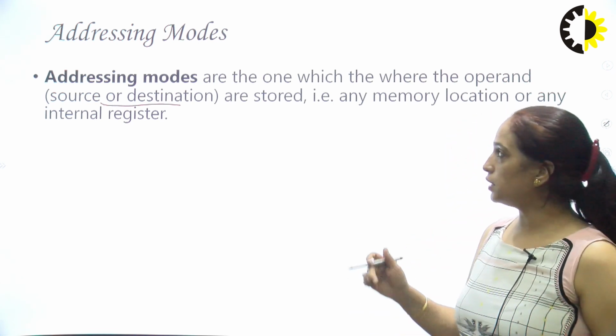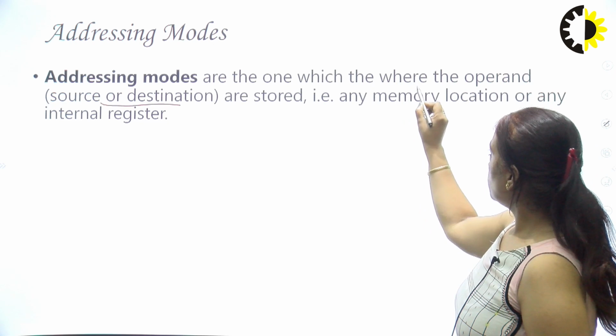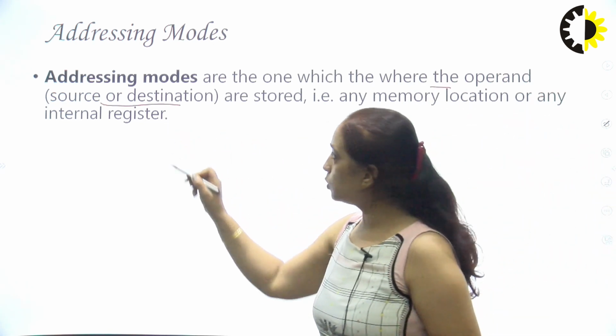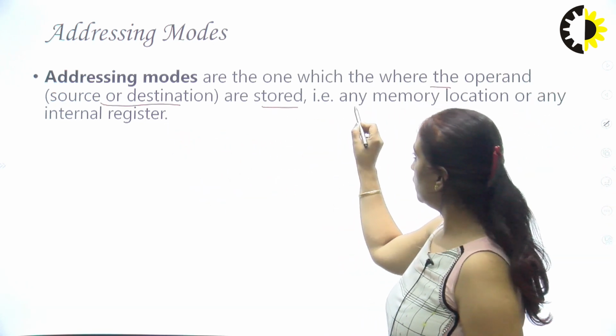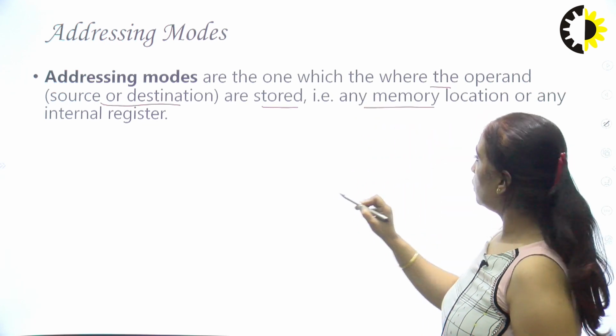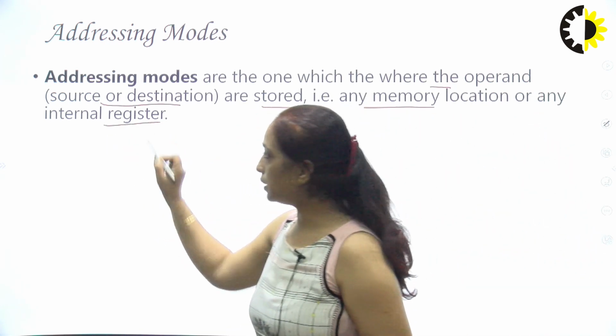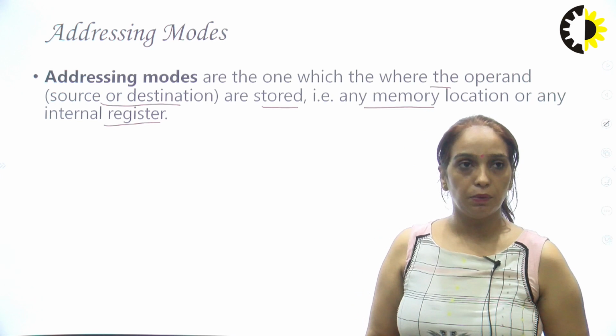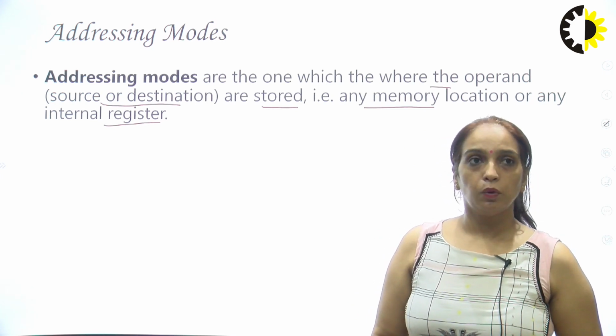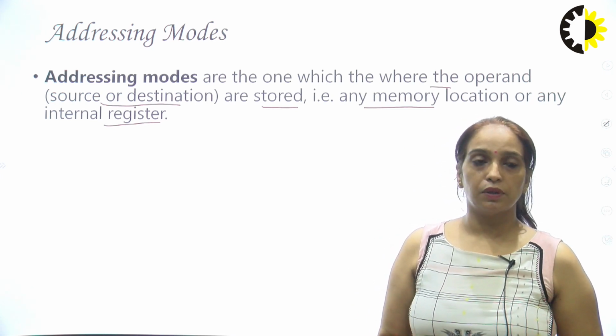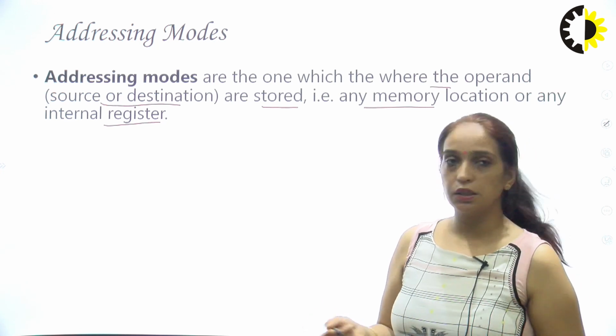As per the definition, addressing modes specify where the operand, that is your source or destination, is stored. It can be any memory location, any internal register, or some immediate data.